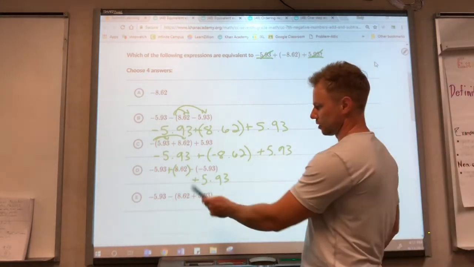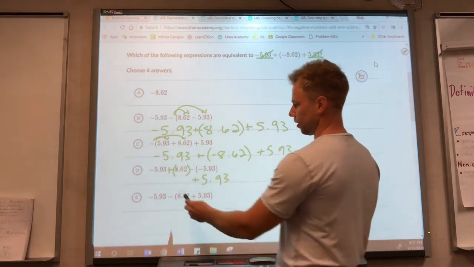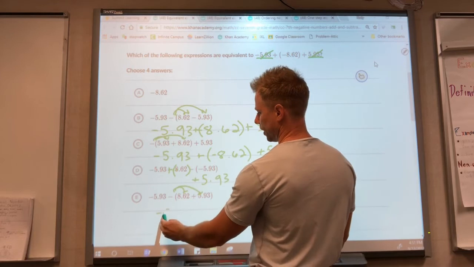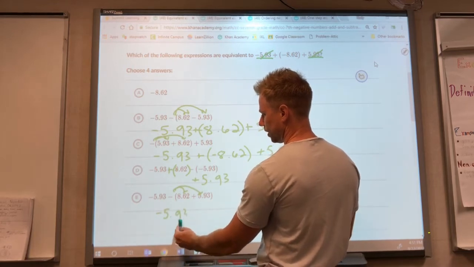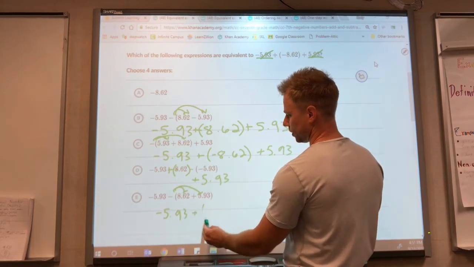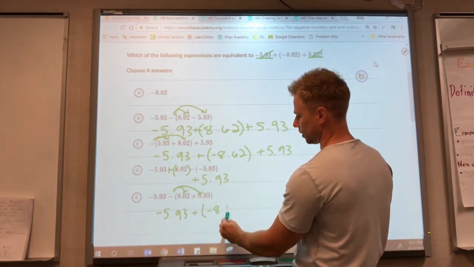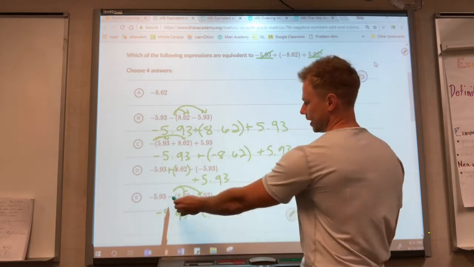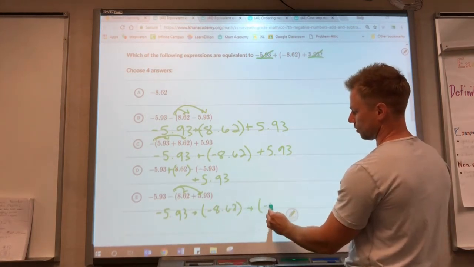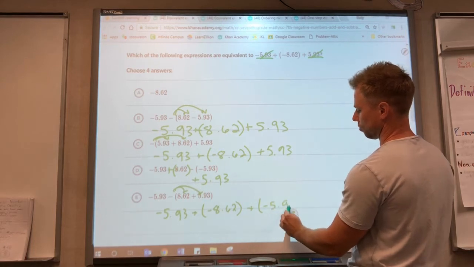Let's check E just to make sure we didn't do anything wrong. If we distribute this negative, we have -5.93. -1 times a positive 8.62 gives us -8.62. And then a negative times a positive 5.93 gives us another -5.93.